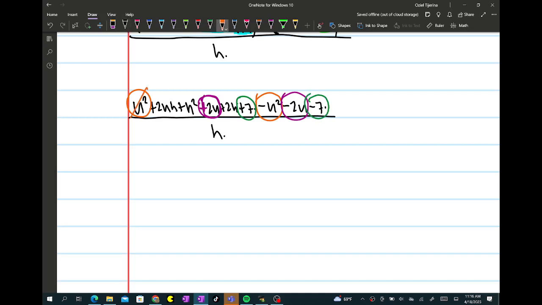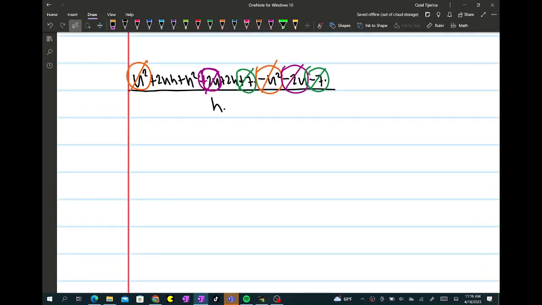So this cancels out, and then this cancels out, and then this cancels out, right? So we're left with 2uh plus h squared plus 2h. And now this is all over h, right? And again, this is what I'm left with right here. We're just kind of bringing it all together.